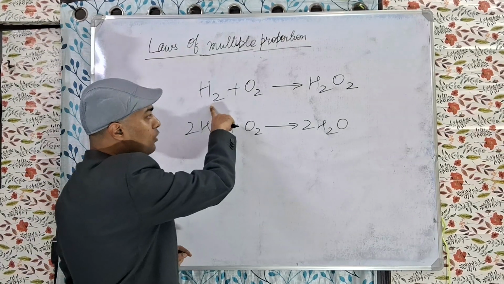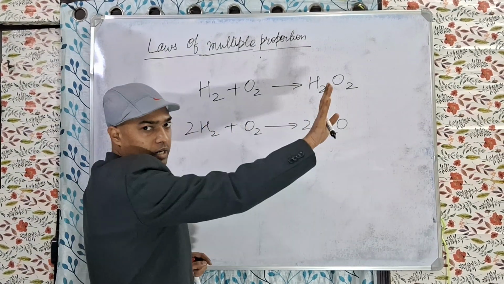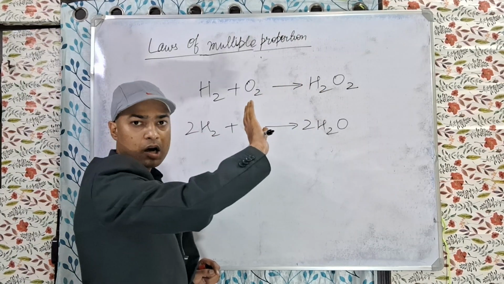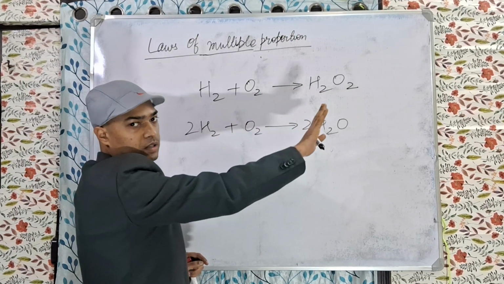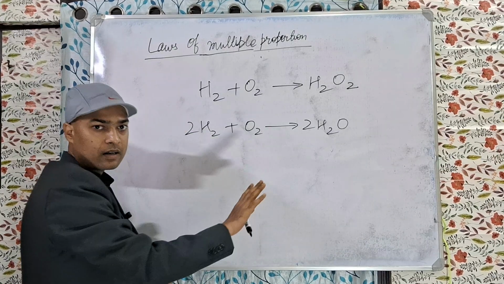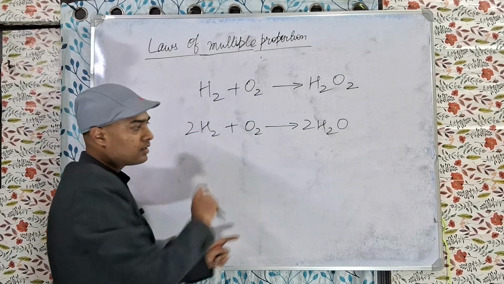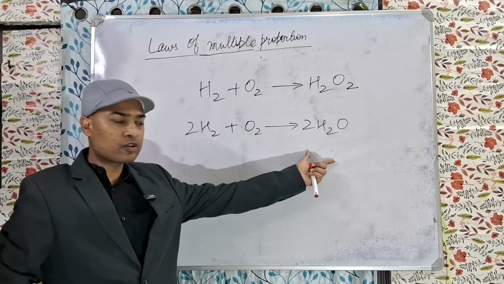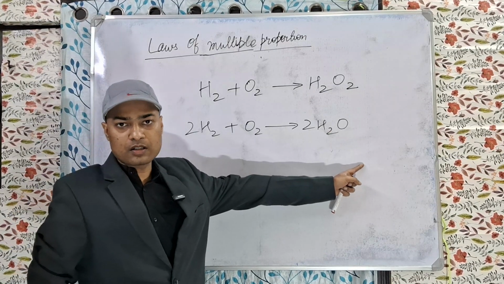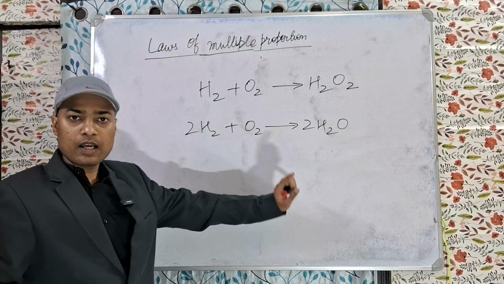Here two hydrogen is on reactant side, two hydrogen is on product side, hydrogen is balanced. Here two oxygen is on reactant side and two oxygen is on product side, so oxygen is also balanced. So the first reaction is completely balanced. If you look at the second reaction, here 4 hydrogen is there, in product side also 4 hydrogen is there, in reactant side 2 oxygen is there, and here also 2 oxygen is there. So our reaction is completely balanced.